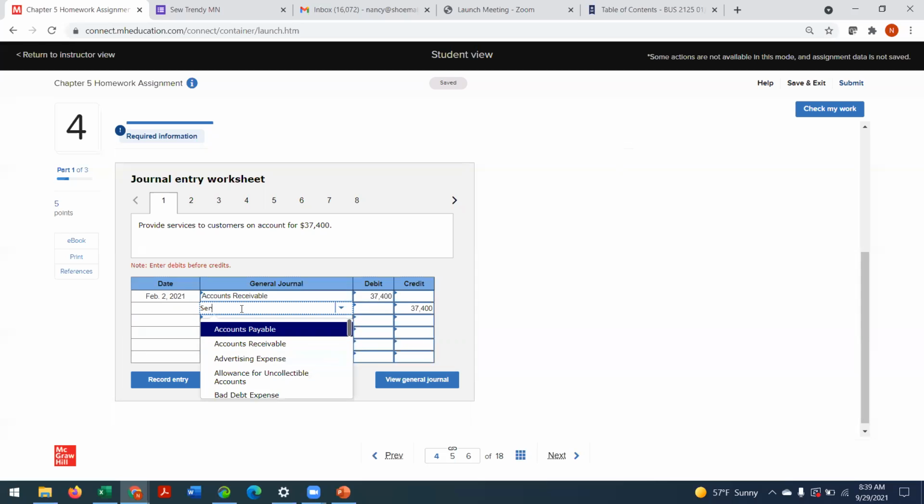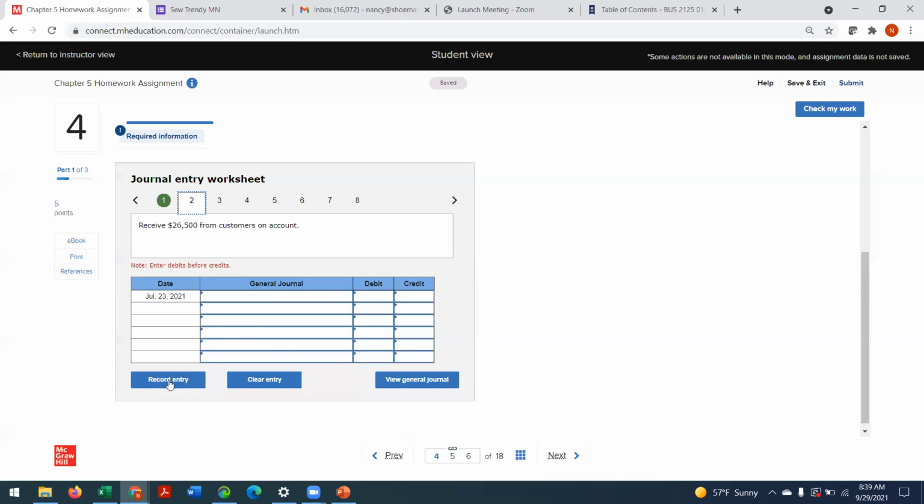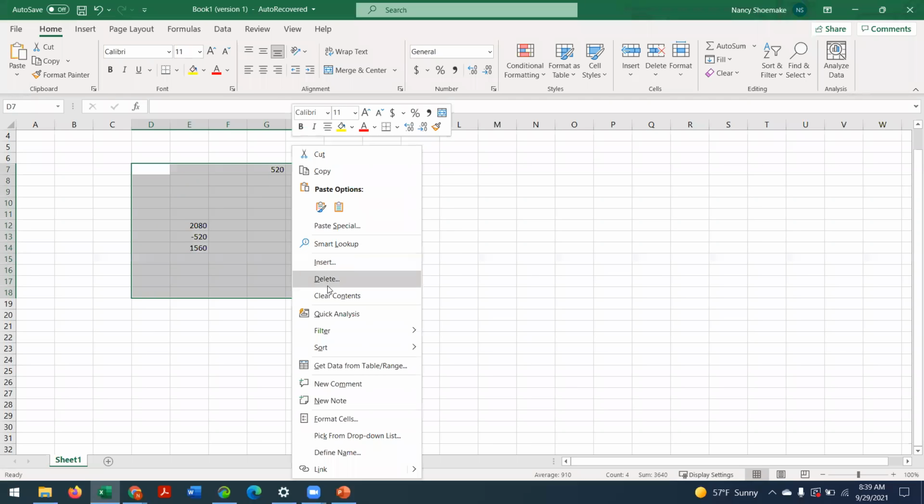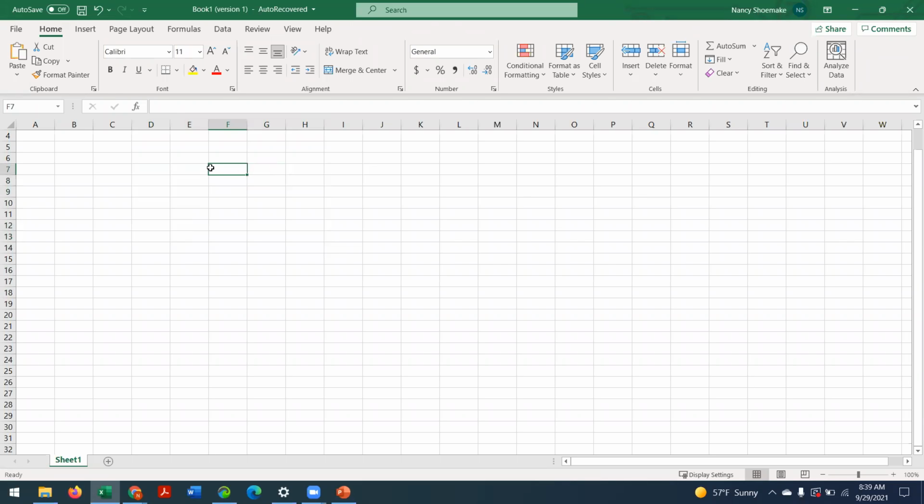And we're going to record service revenue of $37,400. Excellent. Now, just to have it, I'm going to put this in here, 37,400. I'm going to show an accounts receivable.